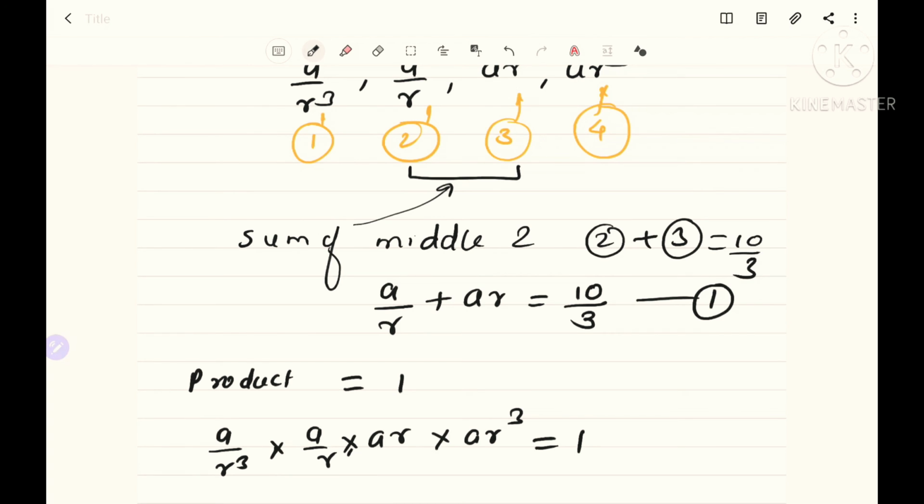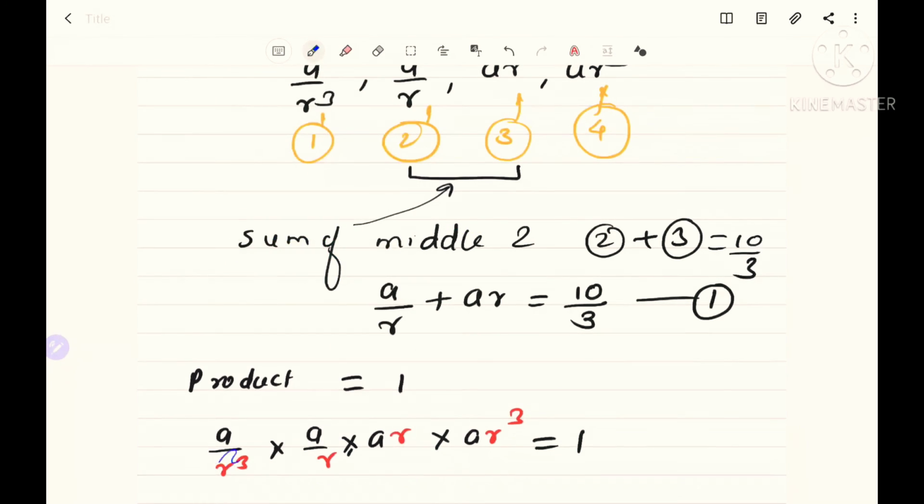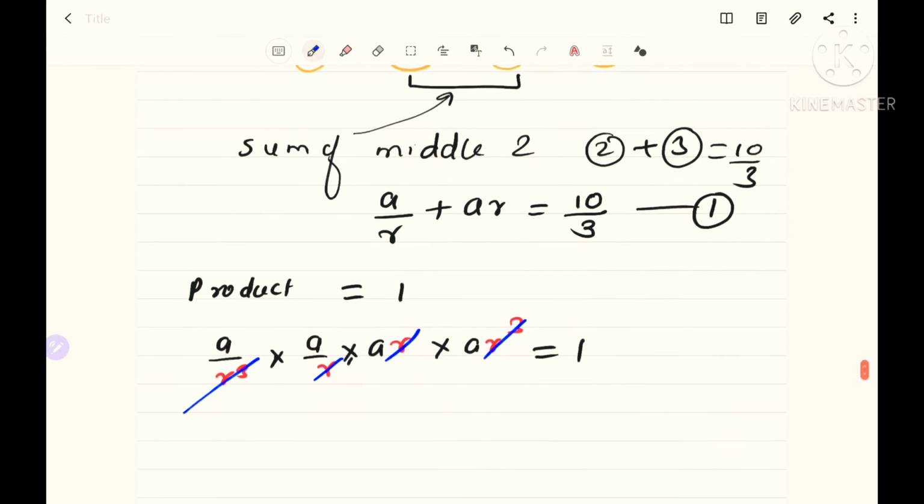They provided the product of all the terms and it creates an advantage in solving this kind of problem, because R cube cancels with R cube and R cancels with R, so one of the unknowns gets cancelled out. What is left is A into A into A into A. So A raised to 4 is 1.